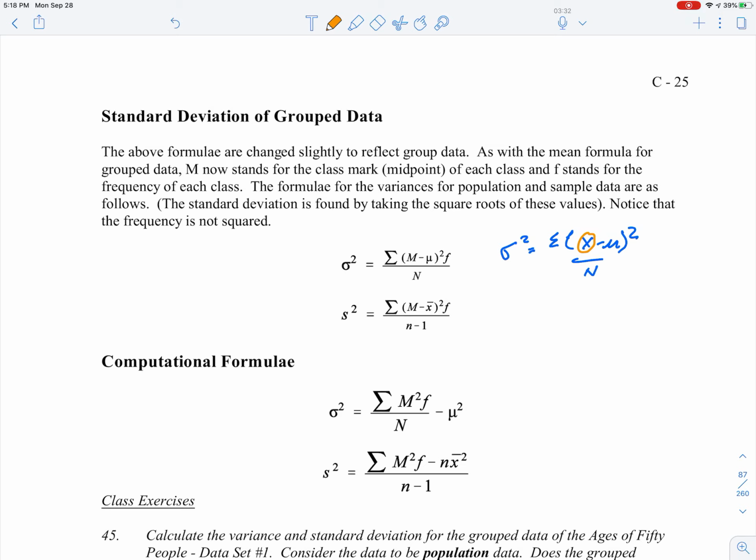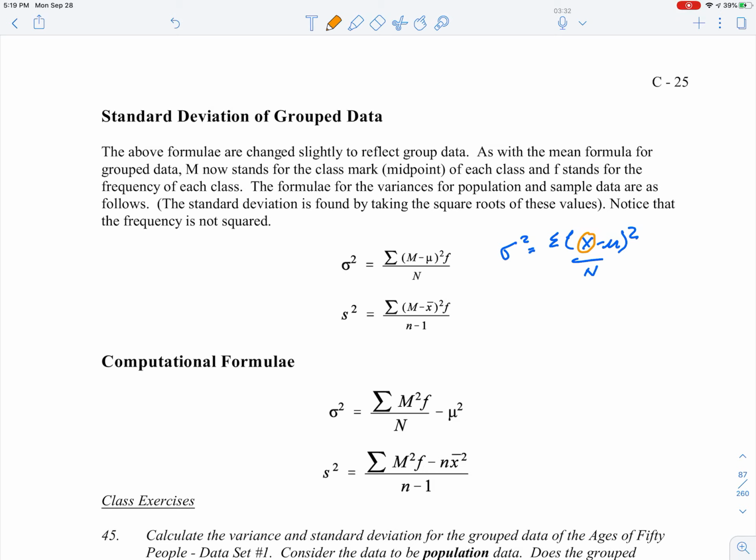What we're doing now, though, is when we're talking about grouped data, and again, think back to the table that we had of all of the ages of people in Red Deer. What we've got is the age classes, 0 to 4, and then 5 to 9, and so on like that. And we've got the frequency, the number of kids in each class, or number of people in each class as they get older.